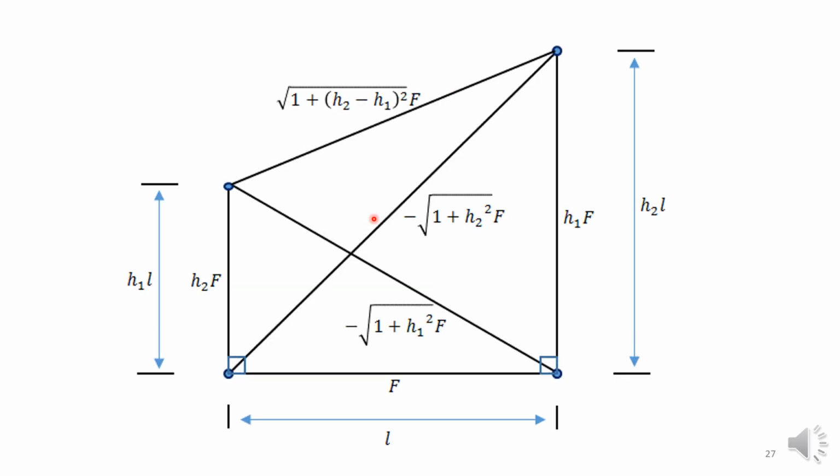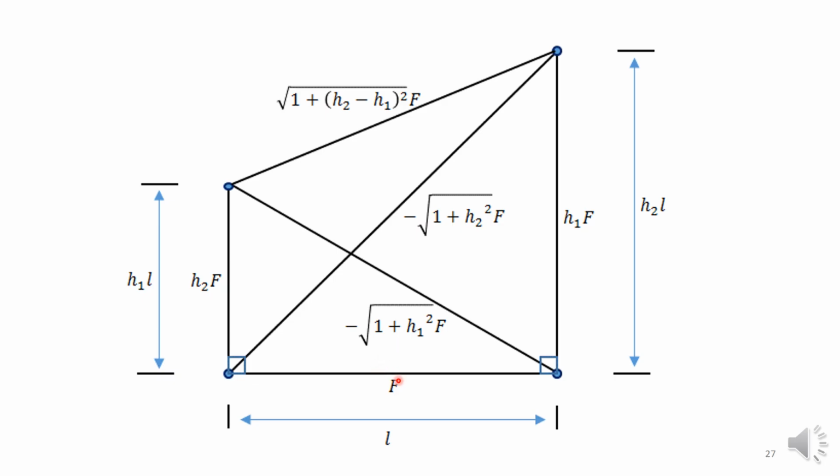This is another type of Stroop. It's a quadrilateral also. The two angles at the base are right angles. But again, you have two diagonal members. The bottom width is L. This vertical height is H1 times L. And the height on this side is H2 times L. These are the Stroop forces.